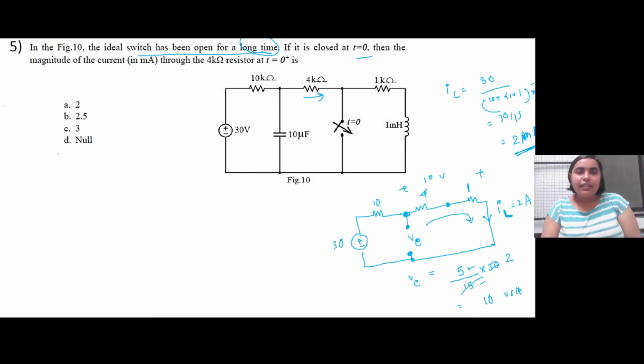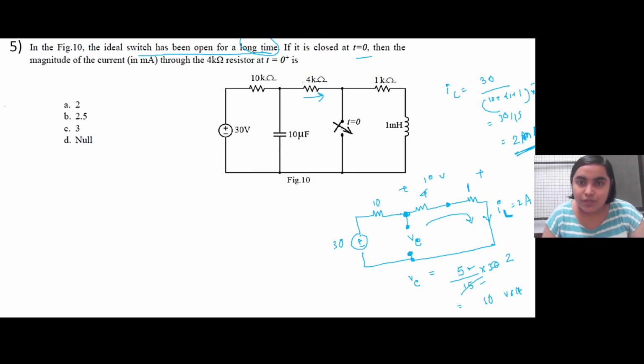When the switching has been done, that is this switch is closed, just look at the circuit. Initially, just before switching, this capacitor was acting as an open circuit and the inductor was a short circuit.